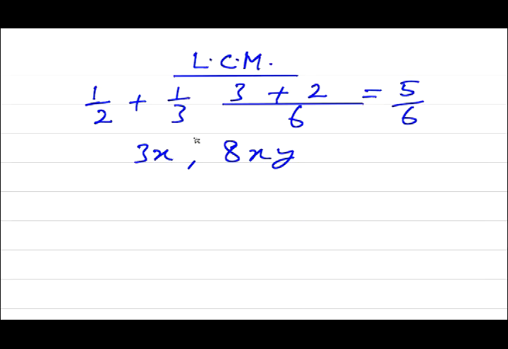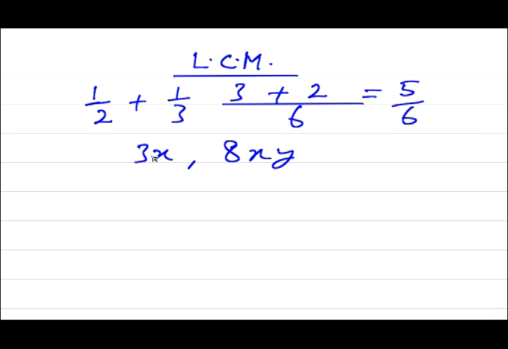We are looking for the number that the two of them can divide without a remainder. That's the multiple of these numbers. The smallest number that these two numbers can divide without a remainder, the answer is 6. That's the meaning of LCM: the lowest number that all those numbers can divide without a remainder.